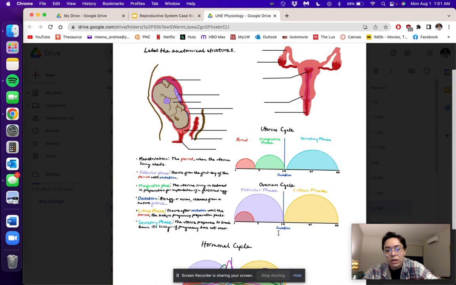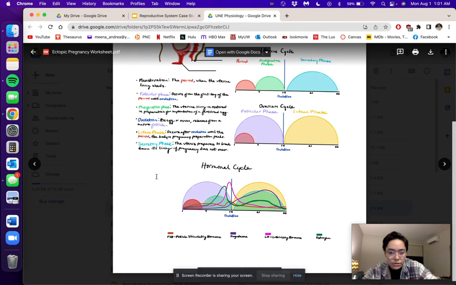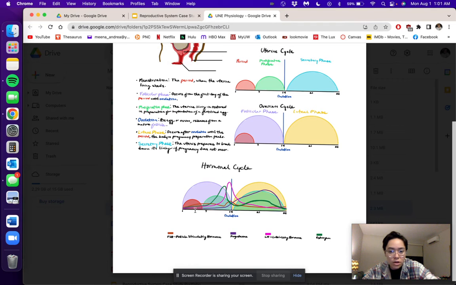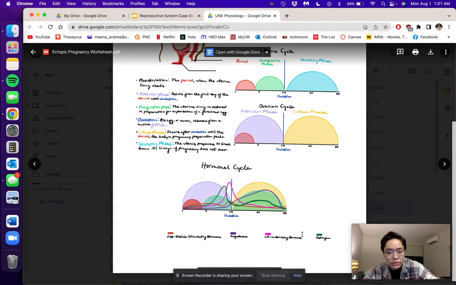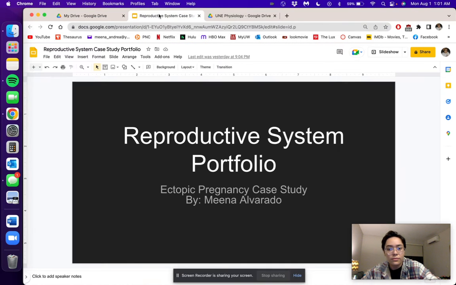After ovulation, we have the luteal phase, in which the body is preparing itself for pregnancy. And now here we have a little diagram that shows all of these processes and when they occur, and also looks at some of the hormones that are involved in the cycles. Okay, so now we will go back to the presentation.